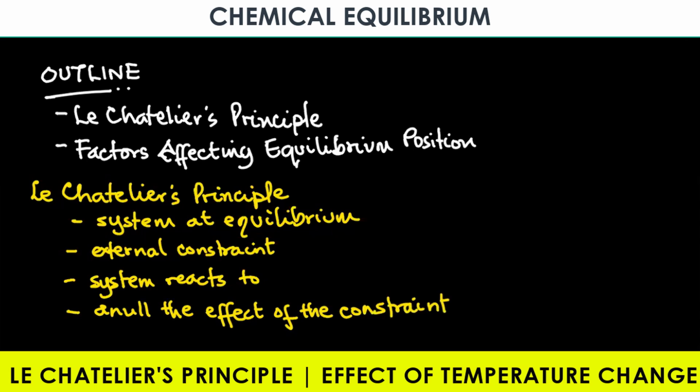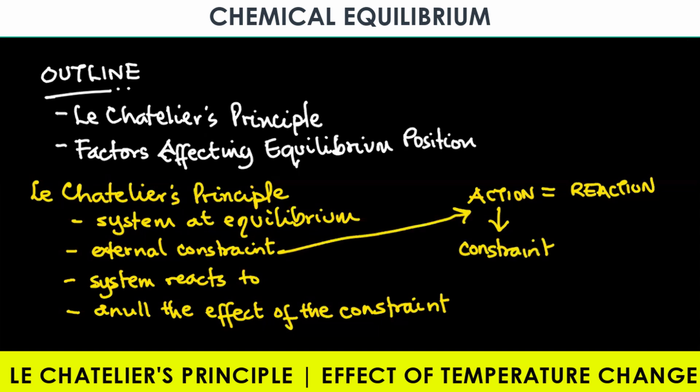Similar to Newton's third law of motion, which says that to every action, there's an equal and opposite reaction. How? Now, this action here is the constraint acting on the system, while this reaction is the way the system will react to annul the effect.